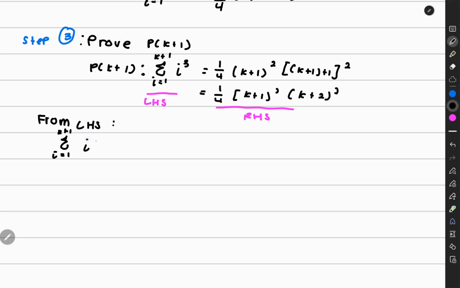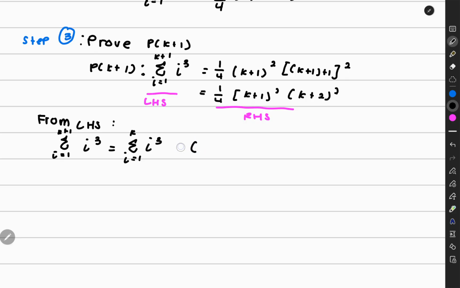We agree that the summations of i to the 3, i from 1 to k plus 1 is equal to the summations of i to the 3 where i is from 1 up to the k term, plus the k plus 1 term.